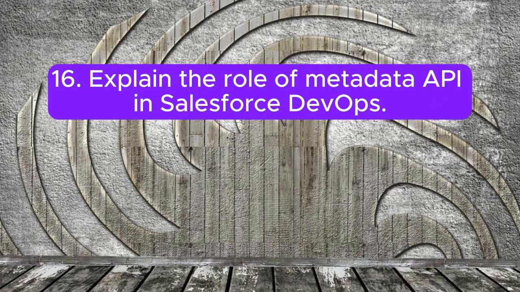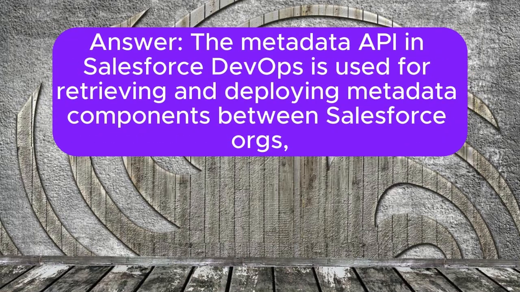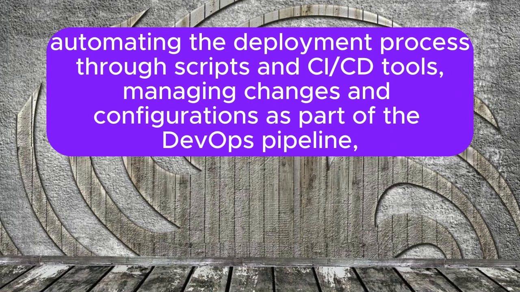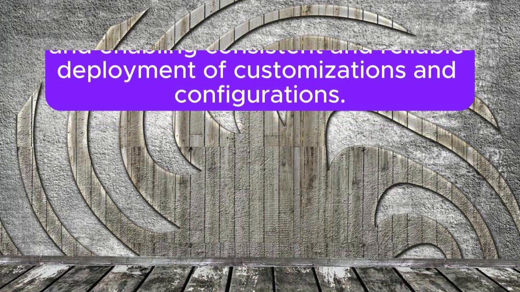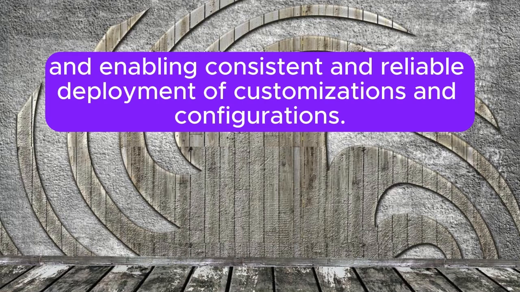16. Explain the role of Metadata API in Salesforce DevOps. Answer: the Metadata API in Salesforce DevOps is used for retrieving and deploying metadata components between Salesforce orgs, automating the deployment process through scripts and CI or CD tools, managing changes and configurations as part of the DevOps pipeline, facilitating version control by extracting metadata into source code repositories, and enabling consistent and reliable deployment of customizations and configurations.